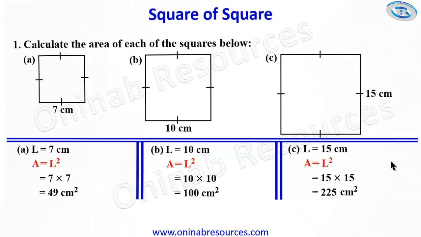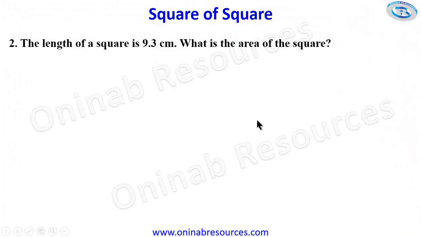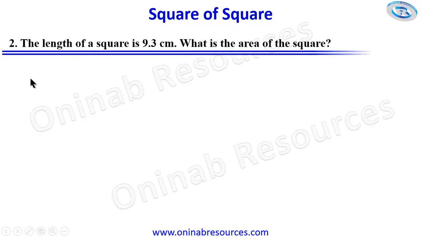We then go to problem 2. For problem 2, the length of a square is 9.3 centimeters. What is the area of the square? So in our solution, we are given the length to be 9.3 centimeters. Area is still L squared, and that's going to give us 9.3 times 9.3.